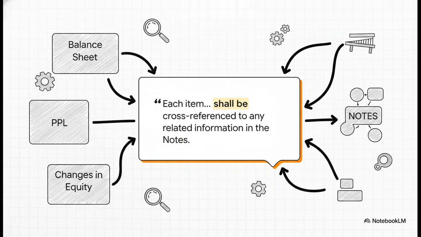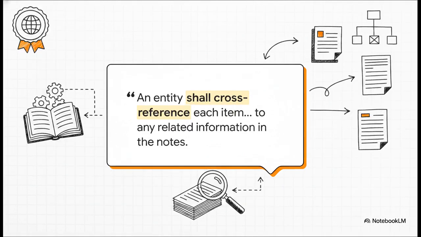You've got to maintain this delicate balance between excessive detail and too much aggregation, and cross-referencing, that's the vital bridge making that balance possible. And this isn't just some local legal requirement. It's deeply embedded in the accounting standards themselves. Paragraph 113 of Ind AS 1, Presentation of Financial Statements, echoes this almost exactly. It requires entities to present notes systematically to make sure everything is understandable and comparable.